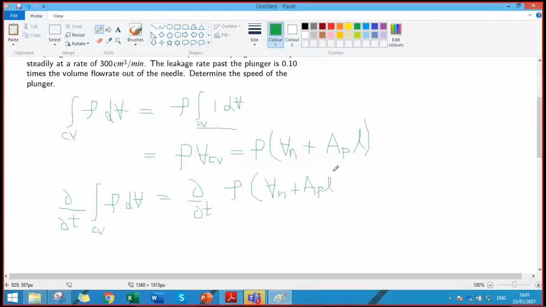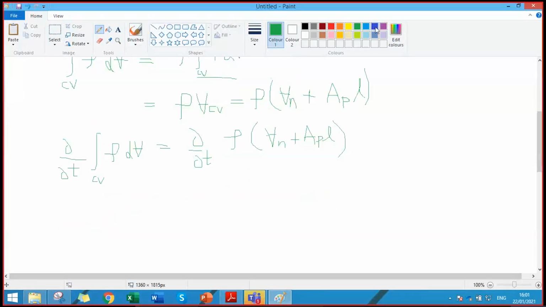In this equation, will density change with time? क्या change होगी density time के साथ? Density time के साथ change नहीं होगी, so it is constant, so we can bring it out.